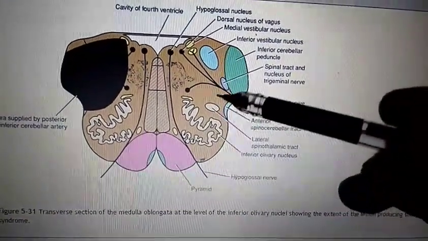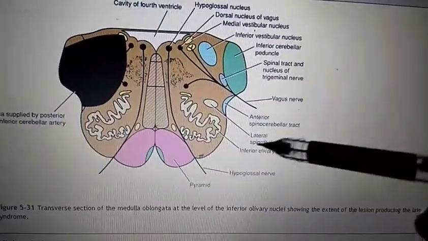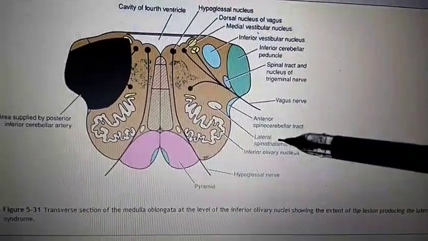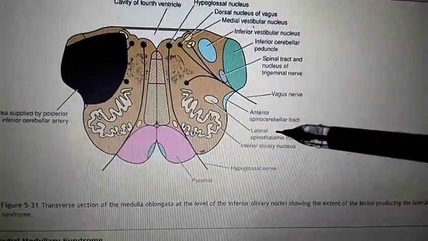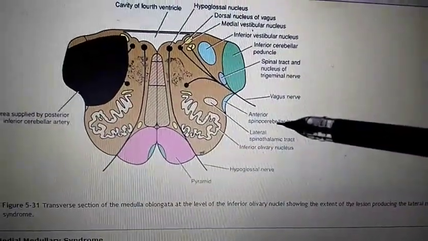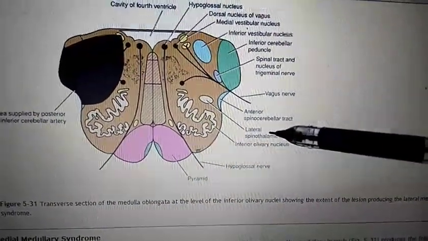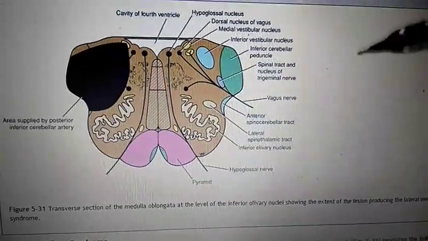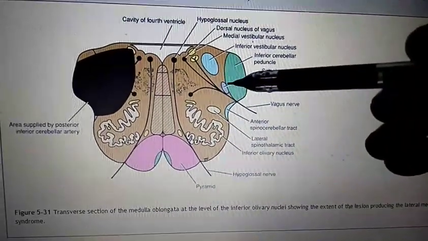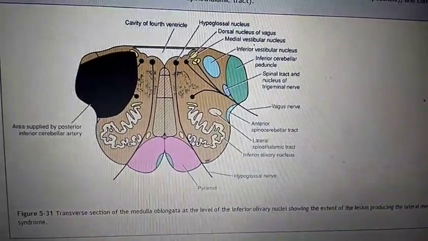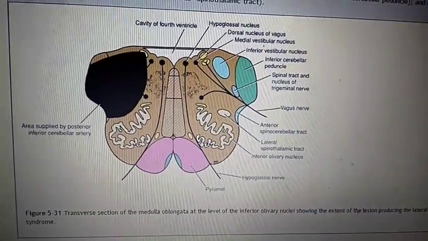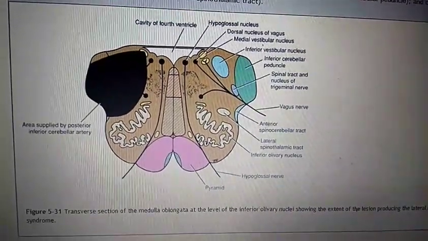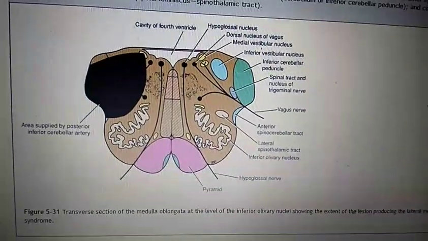Damage to lateral spinothalamic tract leads to contralateral loss of pain and temperature sensation from the trunk and limbs. Damage to spinal tract and nucleus of trigeminal nerve leads to ipsilateral loss of pain and temperature from the face region.